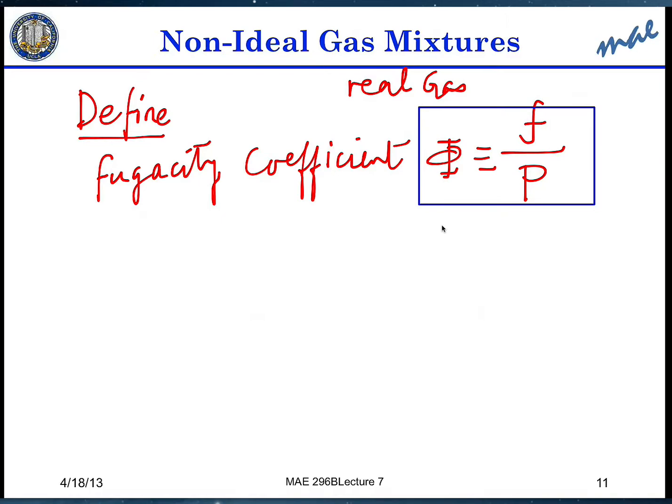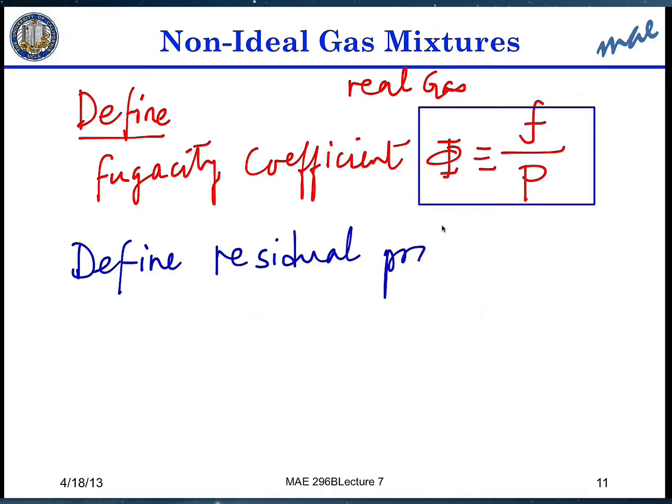In order for us to find the fugacity coefficient, and hence the fugacity itself, we're going to start talking about properties that are deviating from ideal. So we're going to define what we call residual properties.